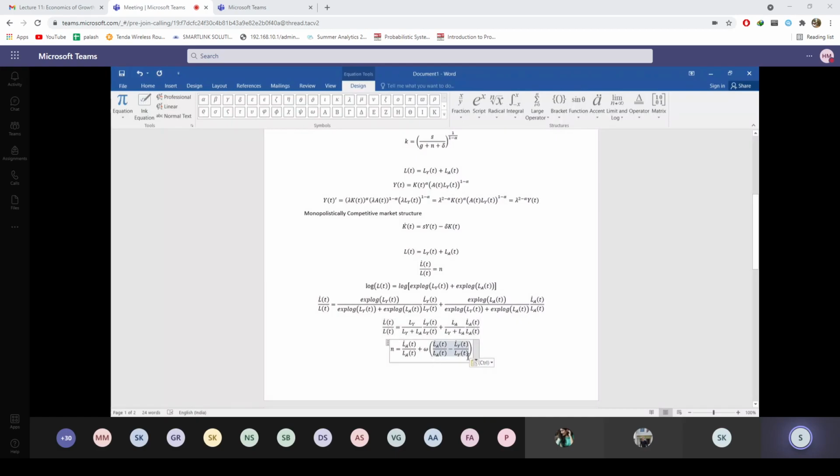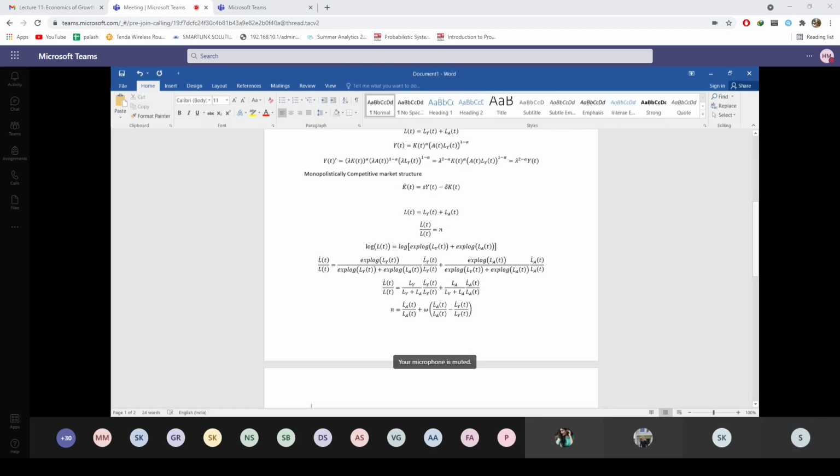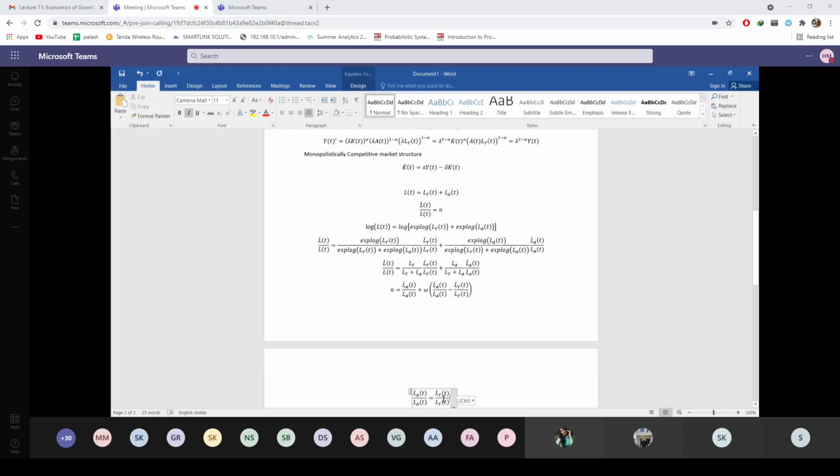So the term in the first bracket is basically 0. So it automatically proves this equals to this equals to n in the long run.